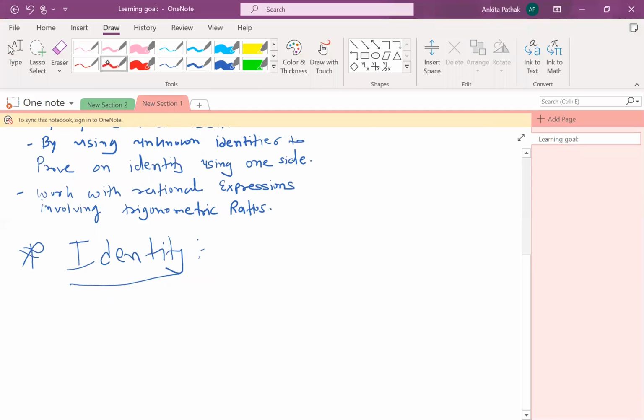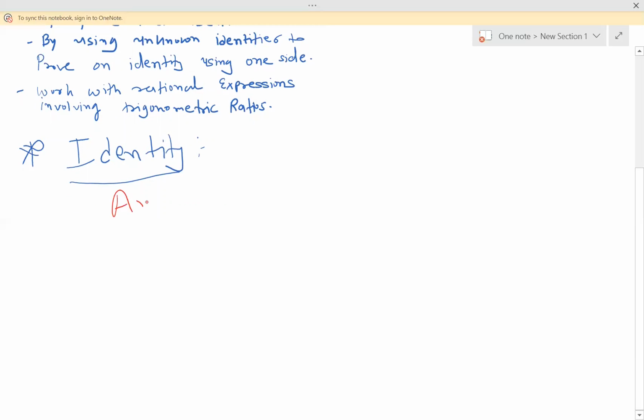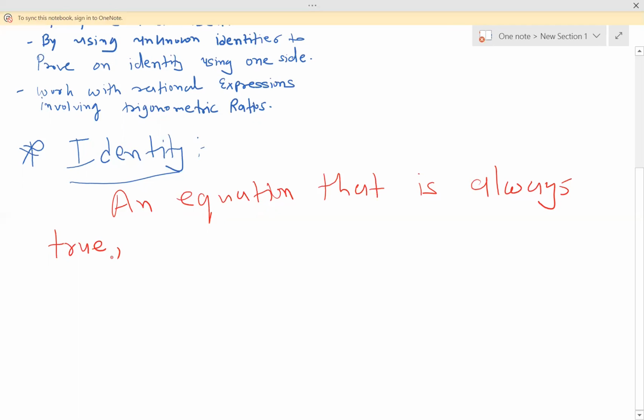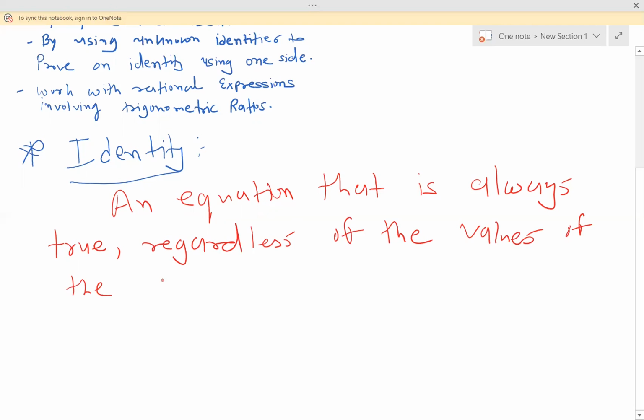Let me use my different pen. An equation that is always true, regardless of the values of the variable.